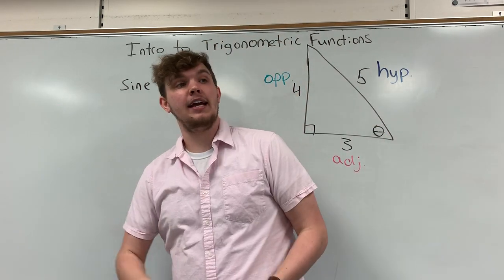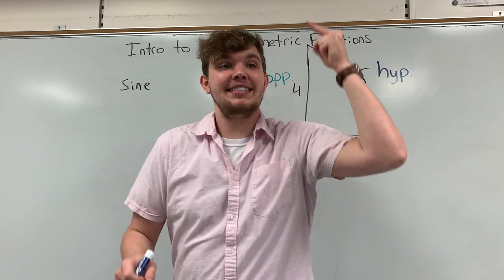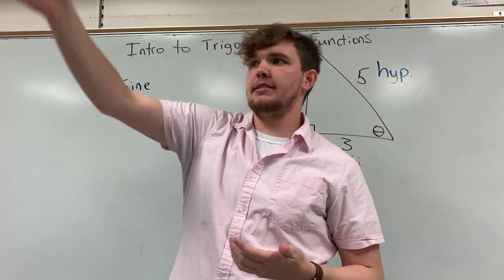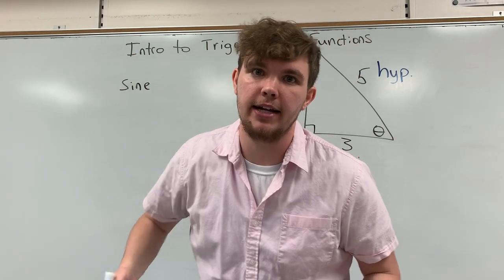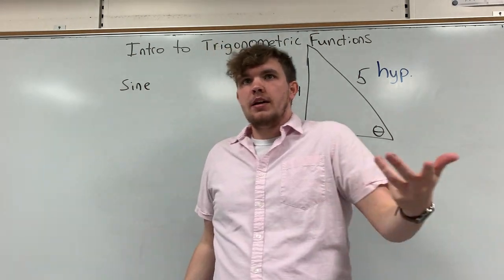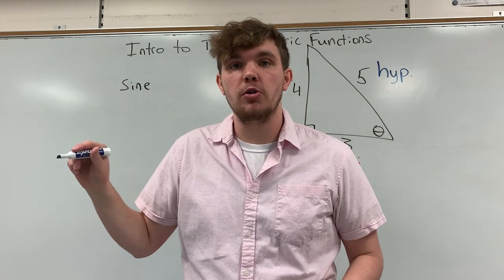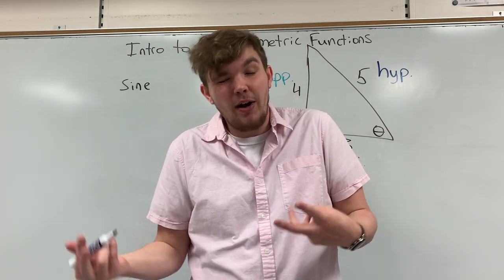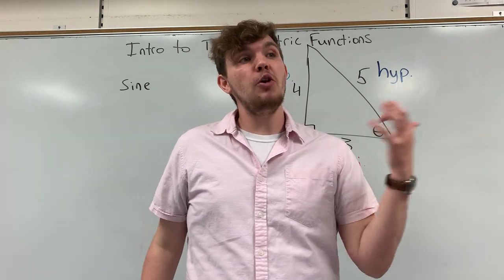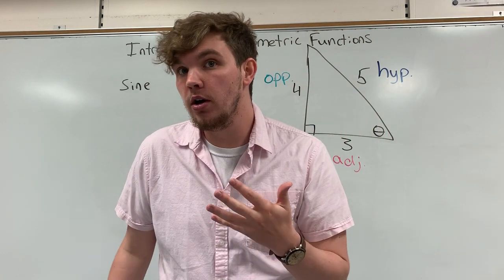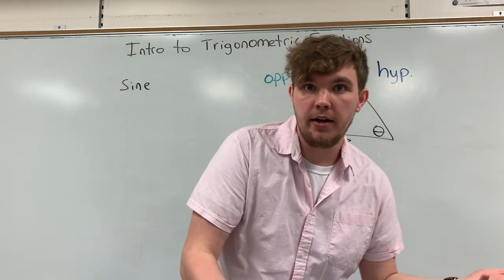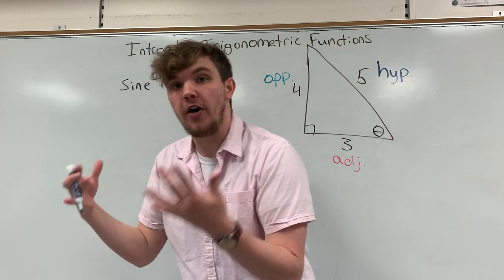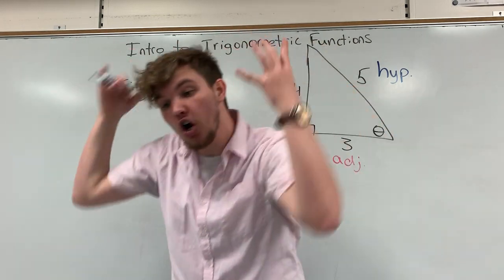In math, you say, I'm going to take the sine of that angle. It's kind of like when you take the square root, a radical. That's an operation that you do. I'm going to take the square root of 100, and you get another answer: the square root of 100 is 10, because you took the square root.